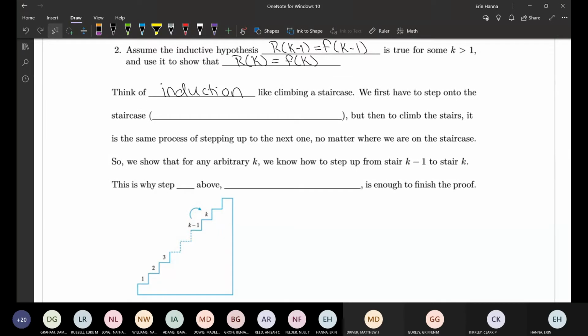If you think about going upstairs, the first thing you have to do is actually step onto the staircase, and that's the idea of verifying the base case: you actually have to get on. But then to climb the stairs, you do the same exact thing for each stair. You just pick up your foot and put it on the next step, the same thing each and every step. So essentially, we show for some arbitrary value k how to get from the step below it to that step, if that makes sense.